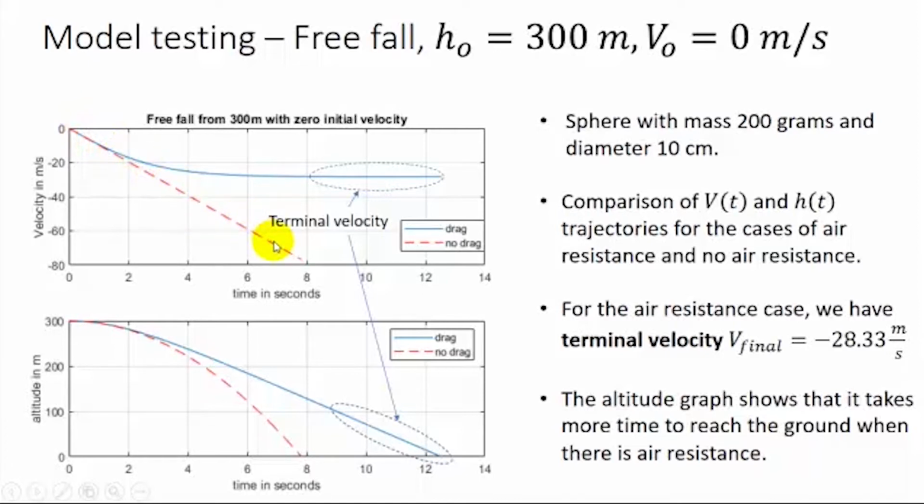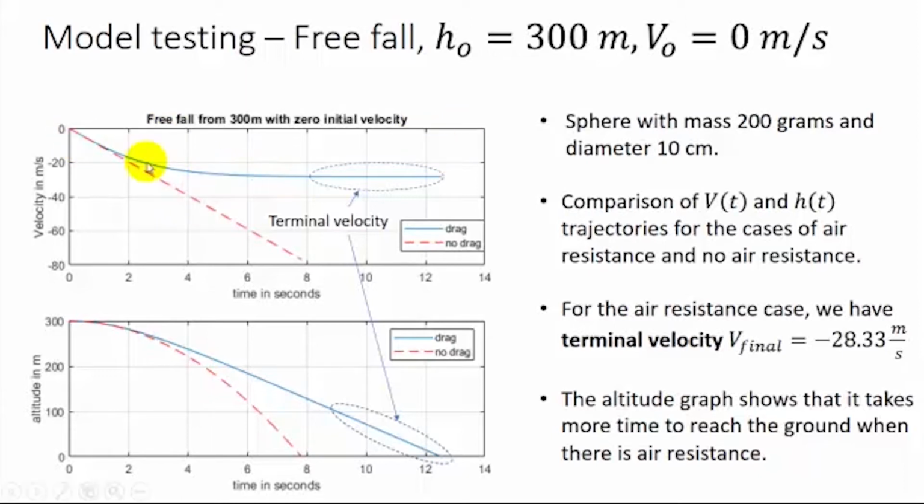And if we remember that g is approximately equal to 10, then this red line has a slope of minus 10, which is correct because every 2 seconds the speed increases by minus 20 meters per second, which is the ratio minus 20 over 2, minus 10, the acceleration of gravity.